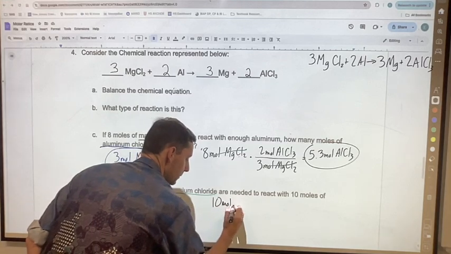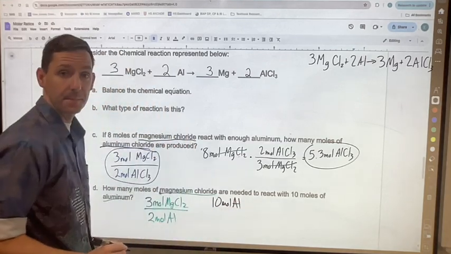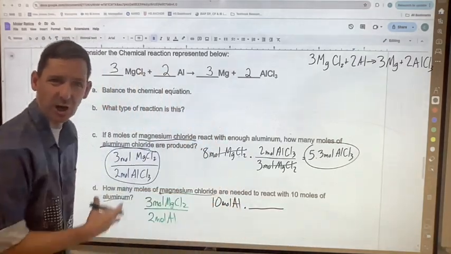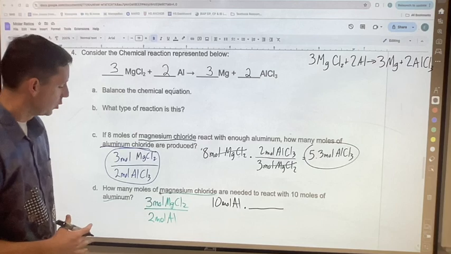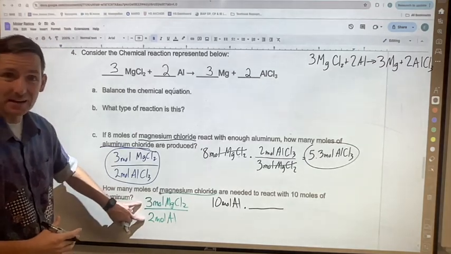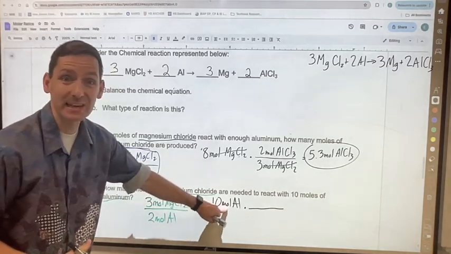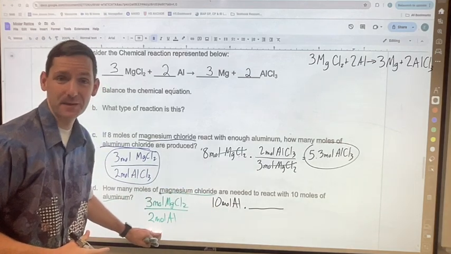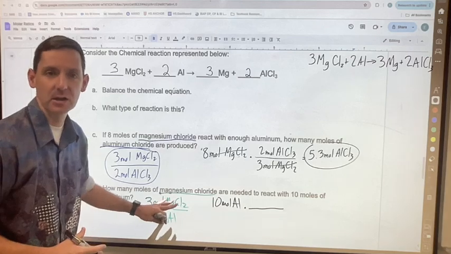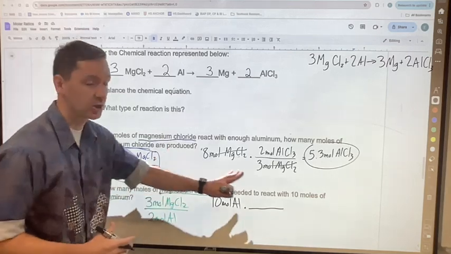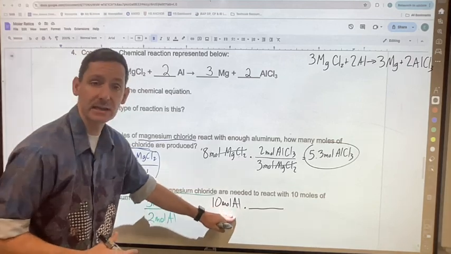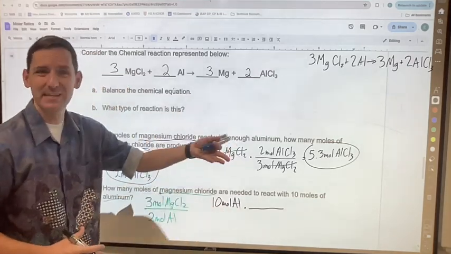10 moles aluminum, multiply by our conversion factor, our conversion fraction, right? Which, notice this time, in order to get the Al to cancel out, I've got Al on the bottom already. And so I don't need to flip this fraction, because when I do the conversion fraction, I just want these units to cancel out, and I want the other units to stay.